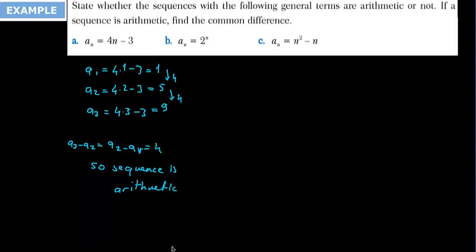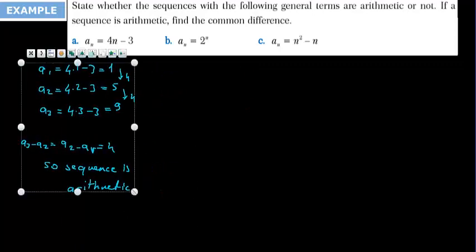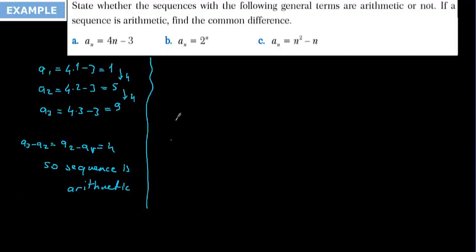And let's check the second one. The second one is 2 to the power of n. So a1 is 2 to the power of 1, which is equal to 2. a2 is 2 to the power of 2, which is 4. And a3 is equal to 2 to the power of 3, which is equal to 8.